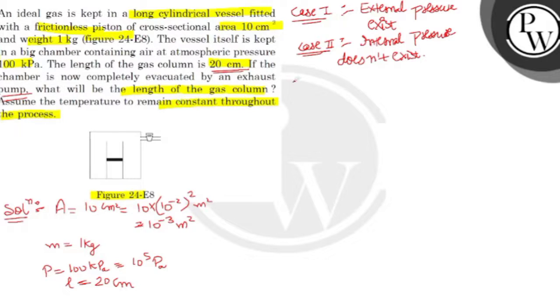So simply apply the formula of ideal gas: P1 V1 is equal to P2 V2, because temperature is constant throughout this process. We don't consider temperature here.